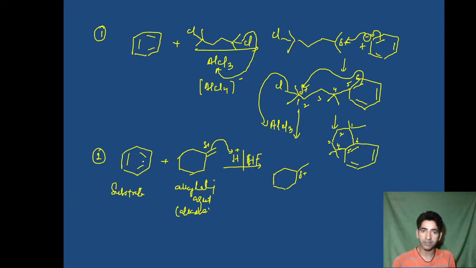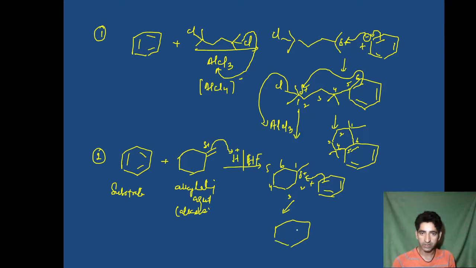So this is delta plus. In the next step it will be attacked by this benzene ring. Now this is my benzene ring. It can attack over here. Now let us see, this is carbon 1, this is 2, this is 3, this is 4, this is 5, this is 6. So a bond is formed between this carbon and this carbon. So what we are going to get, let me draw this ring first.